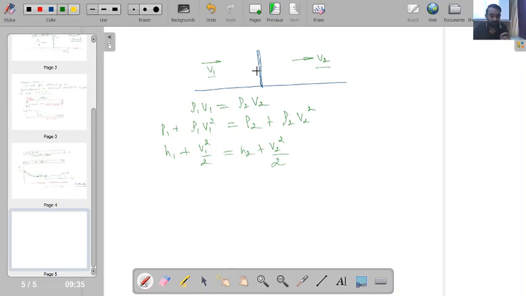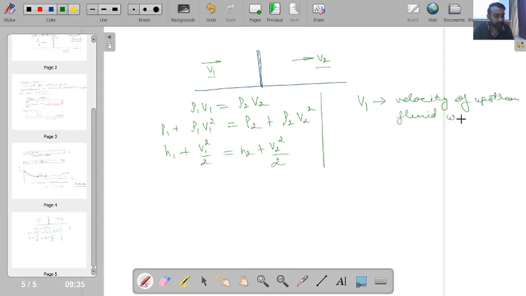So whenever we have done this analysis, our v1 was never the velocity of fluid with reference to the ground, because with reference to the ground that fluid was stationary even in the case of the aeroplane. But v1 was the velocity of upstream fluid with reference to the normal shock wave.